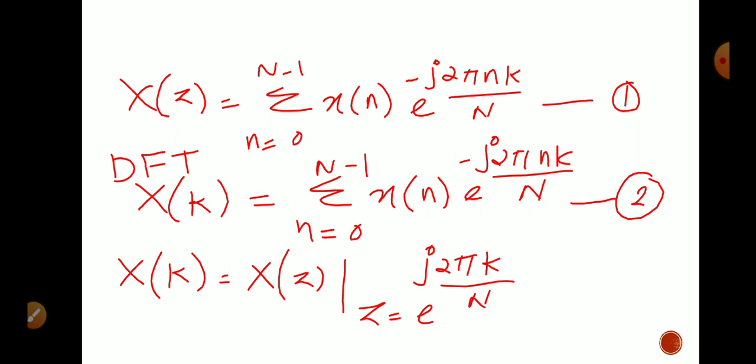We can see that X(k) equal to X(z) at z equal to e raised to j 2 pi k by N. From this, we can conclude that the N-point DFT of a finite duration sequence can be obtained from the Z transform of the sequence at N equally spaced points around the unit circle. That's all in this video.